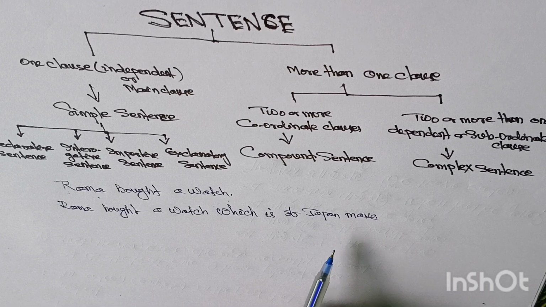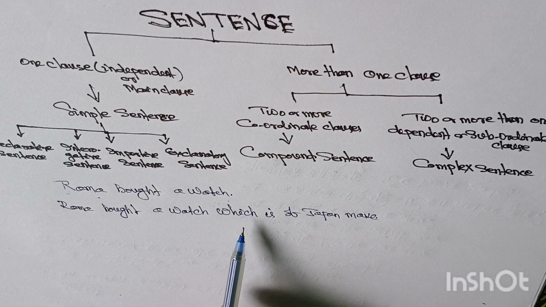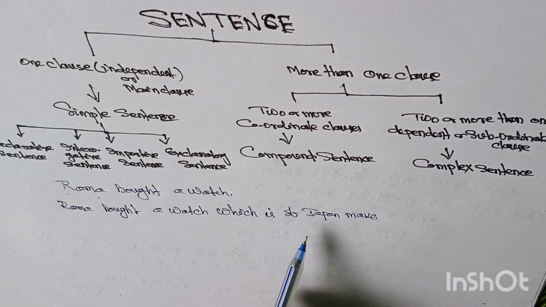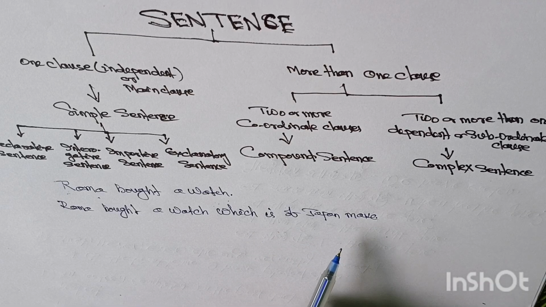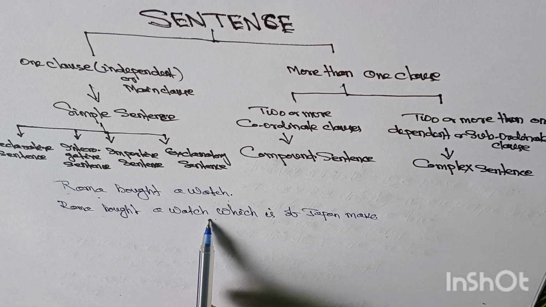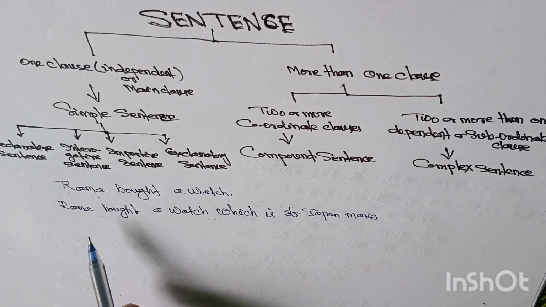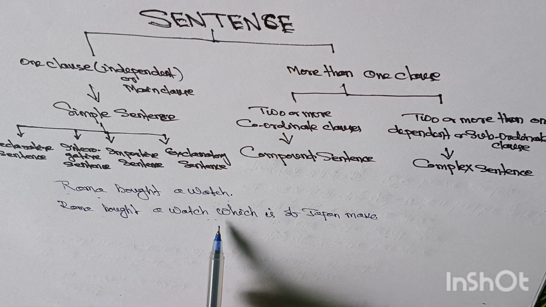In the second sentence, Rama bought a watch has no relation with which is of Japan make. So Rama bought a watch is a simple sentence, and the second clause, which is of Japan make, has no relationship with Rama bought a watch.